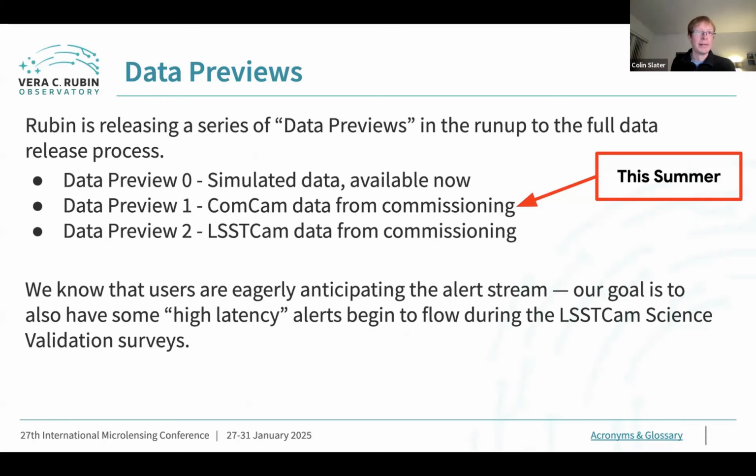Data Preview 1 is going to be the ComCam data from this science validation survey that I was talking about. That's what we expect to be able to release this summer. We are working on it as we speak, getting the data production running and trying to really optimize our pipelines for the set of images to get the best data products out on that time scale.